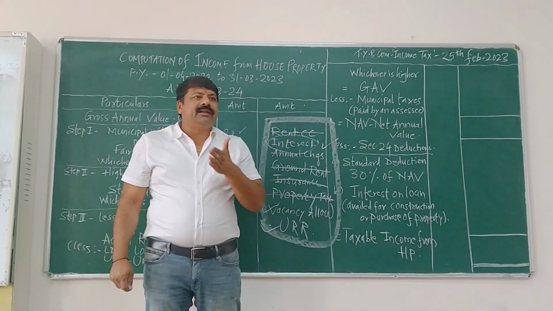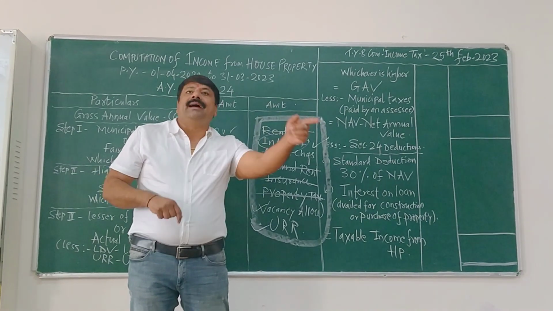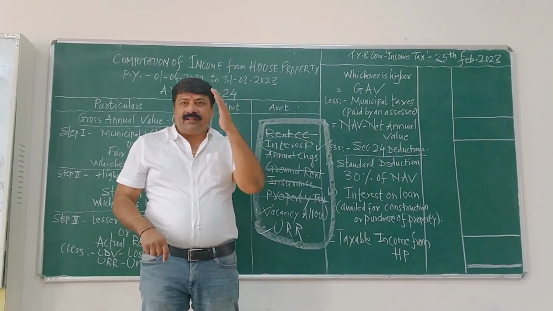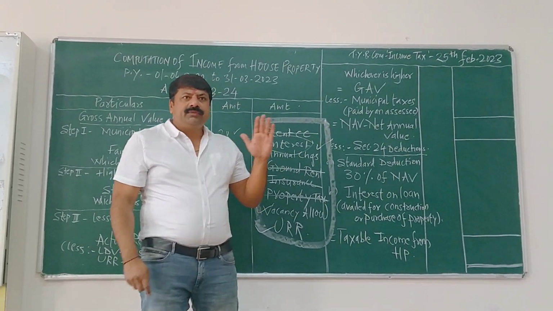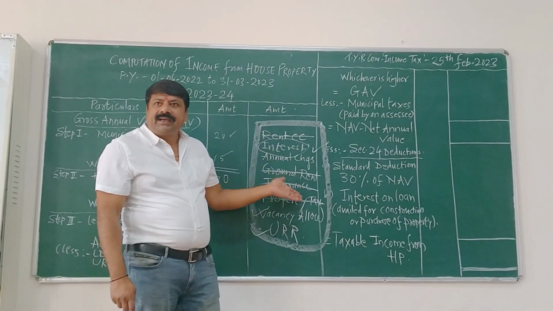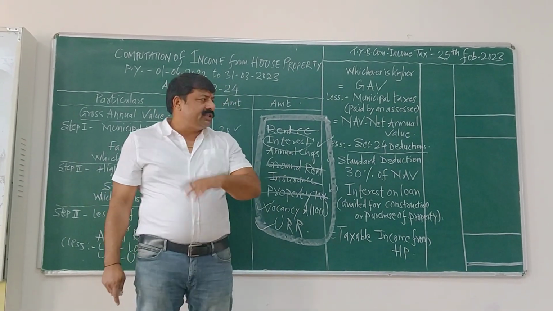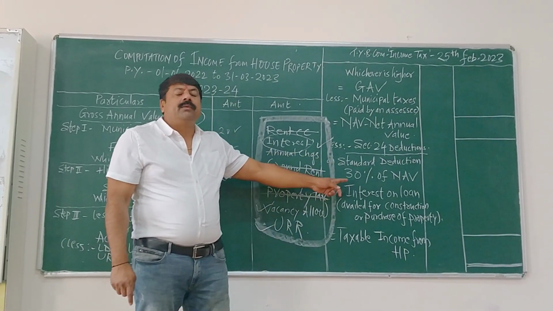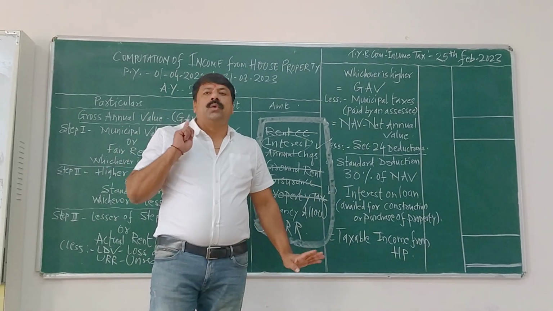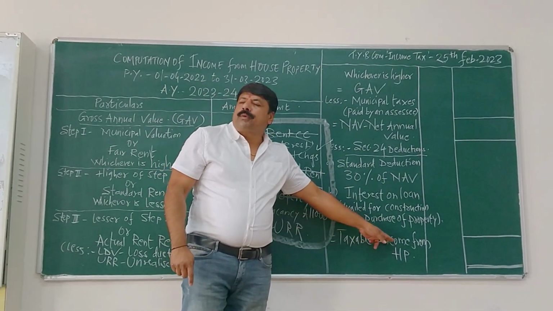Annual charge is 1,20,000. If it is monthly 10,000, I am liable to pay that. So that is called an annual charge. This way, insurance premium, ground rent, property taxes, all these expenses are there. But you have to consider only two deductions: 30% of net annual value and interest on loan. Then it is the final income from house property.